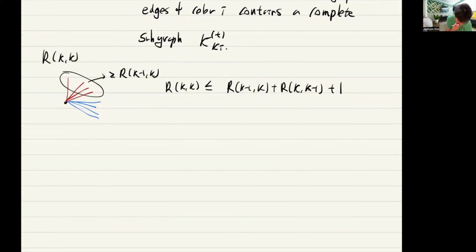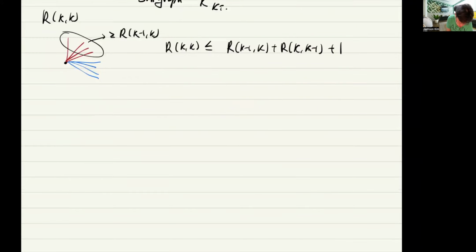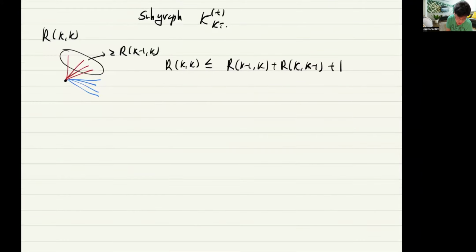And similarly, for hypergraphs, you could do it in a similar way. You take one vertex, and then you consider this vertex set, which you can consider as a one-uniform graph. You partition the one-uniform graph into two. Now you consider the three-uniform hypergraph.